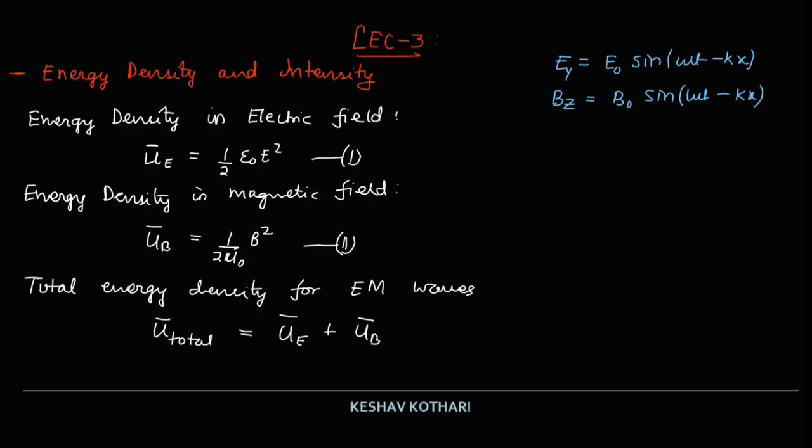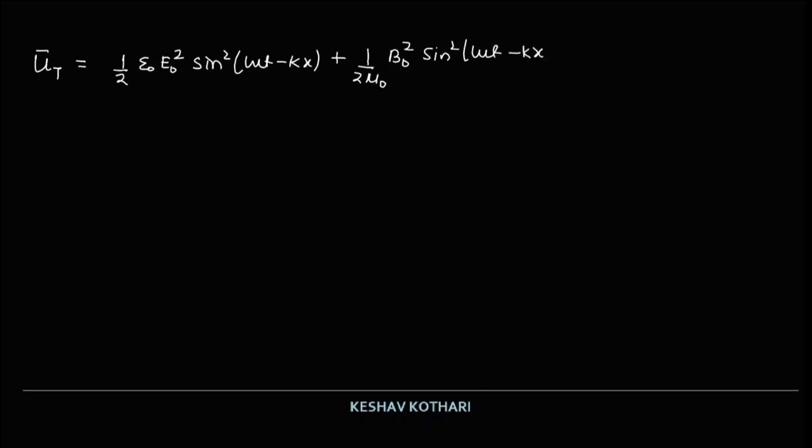So if I substitute the value of E square and B square in the expression over here, that is equations 1 and 2, the total energy density expression can then be written as half epsilon naught E naught square sine square of omega t minus kx, and the other part, 1 by 2 mu naught B naught square sine square of omega t minus kx. So this is what is reduced to the two expressions.